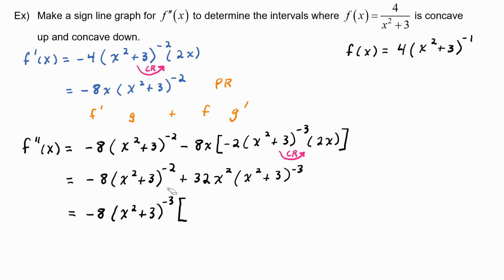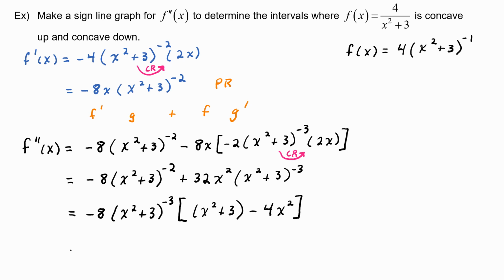Now from this first term, what we would have left over is just an x squared plus 3. And from the second term, be very careful about the signs. Remember, we pulled out a negative 8, so we will have to multiply that times a minus 4 to get that positive 32, and the x squared.